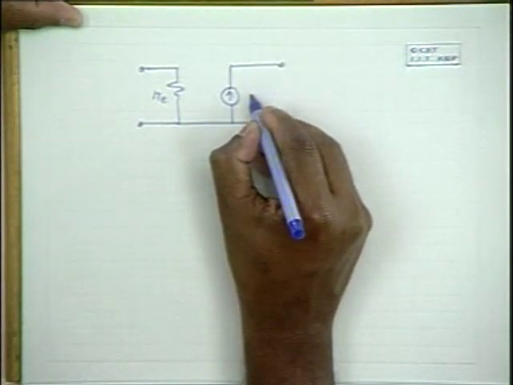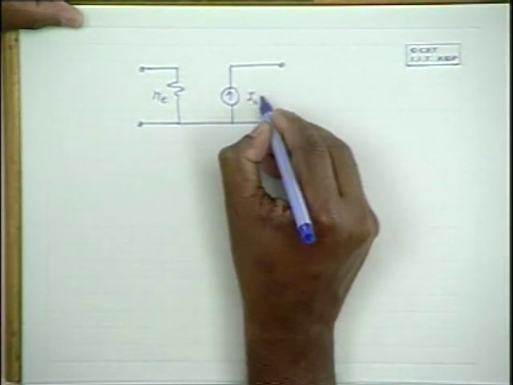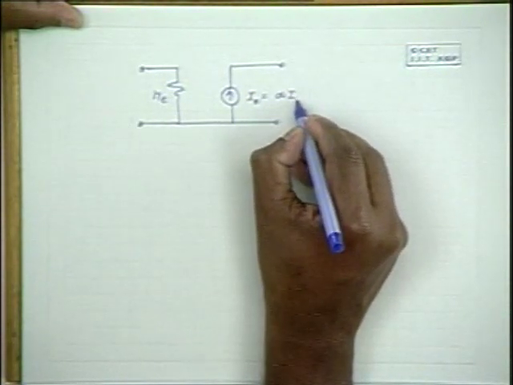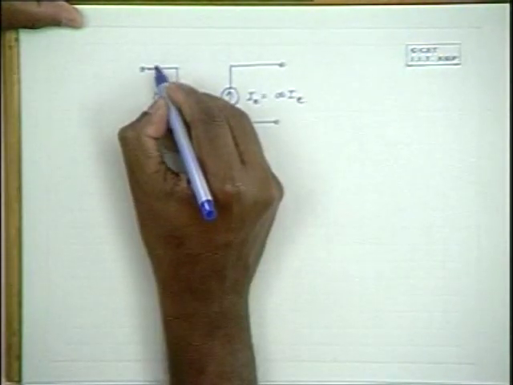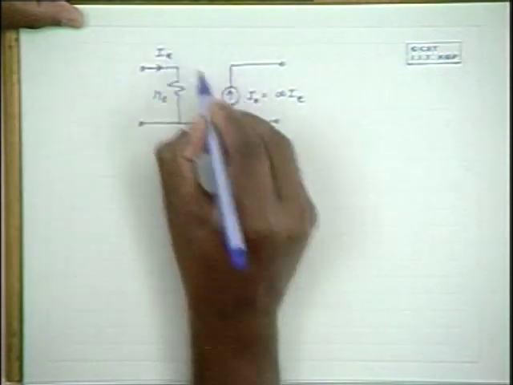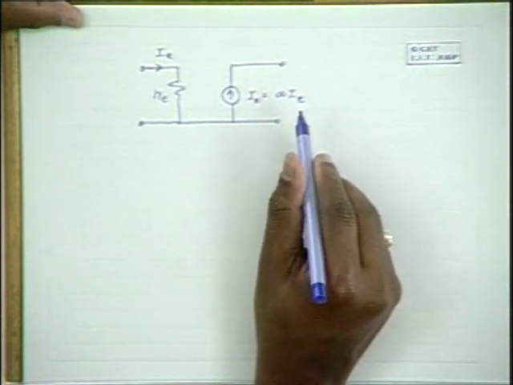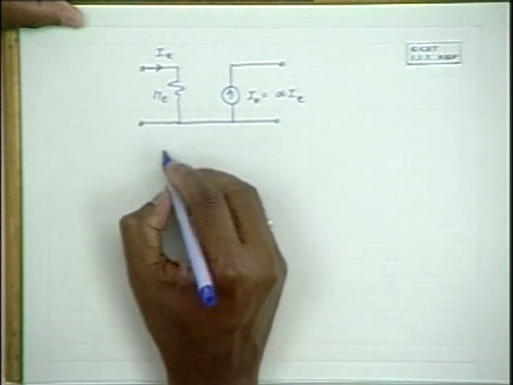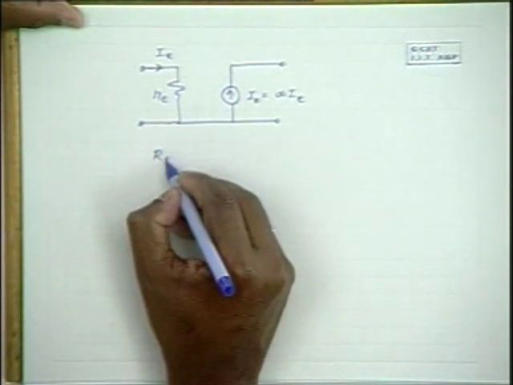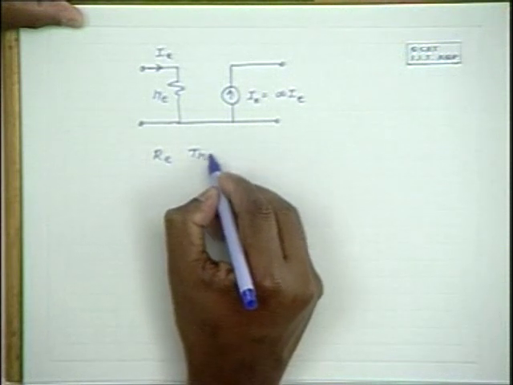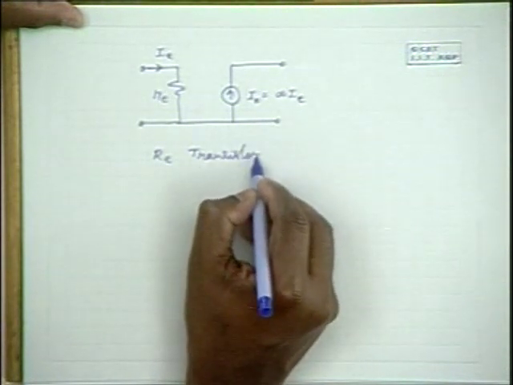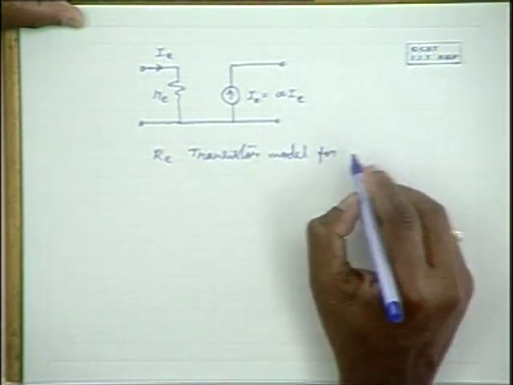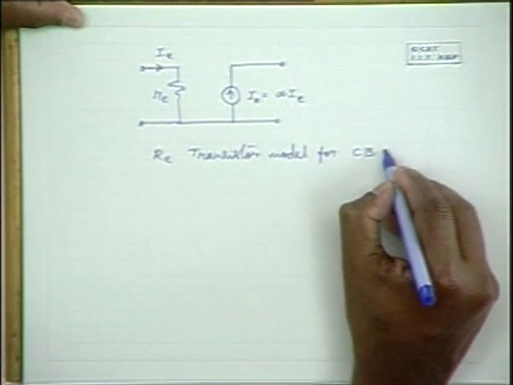And this current is equal to alpha times IE, and this is IE, and this alpha is beta by 1 plus beta, which is approximately 1. Hence this is the re transistor model for common base configuration.